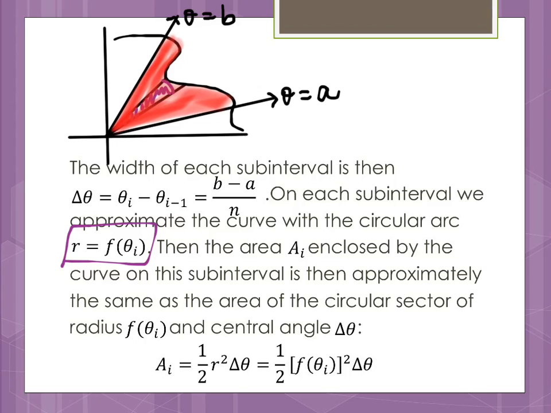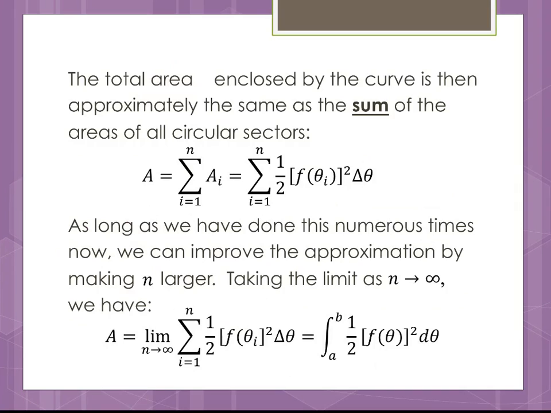And then what we did in Calc 1 is we took the summation of all of these, right? This is one little piece's area. One little tiny sector's area is what this actually calculates to right here. And then when we did Calc 1, after we found that one little rectangle's area, we added all the areas together. And so that's exactly what we're doing here.